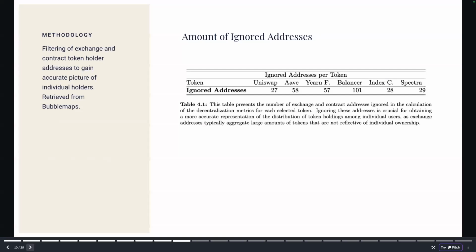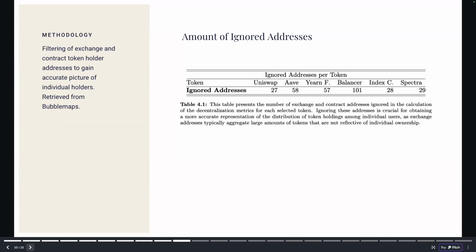One crucial step in my methodology is that in order to get an accurate picture of token holder concentration, of the distribution of tokens, we need to filter out exchange and contract token holders.